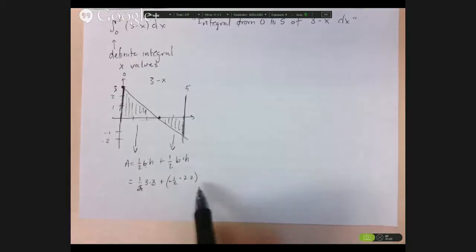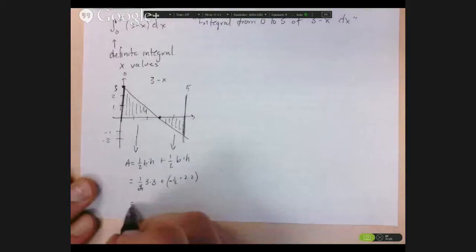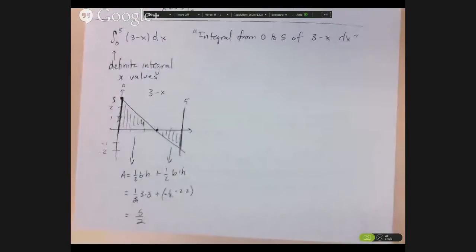Sometimes I'll put just that the area is signed negative. It doesn't matter, honestly. What you end up with is 5/2 as your area. Okay.